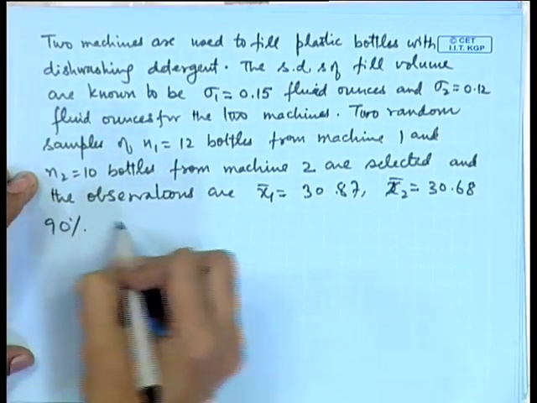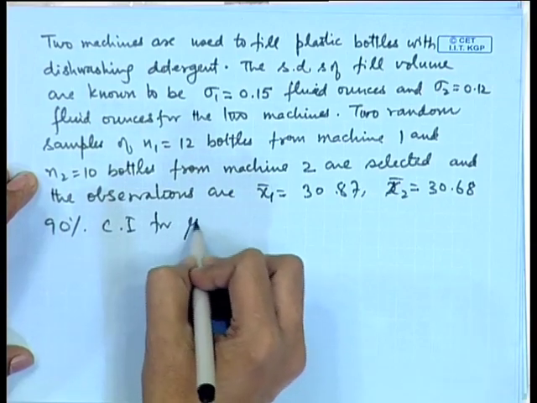So, find 95% confidence interval for mu 1 minus mu 2.